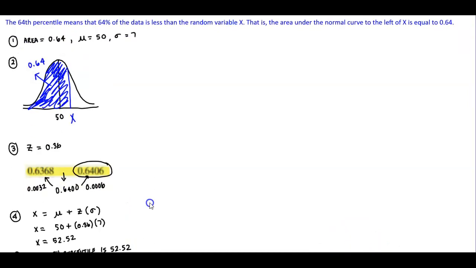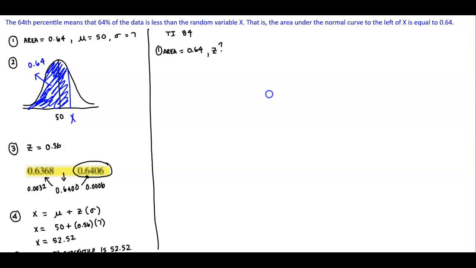Now, let's say we wanted to use the TI-84 calculator. We want to find the z-score, so we need to use the area, which is 0.64.